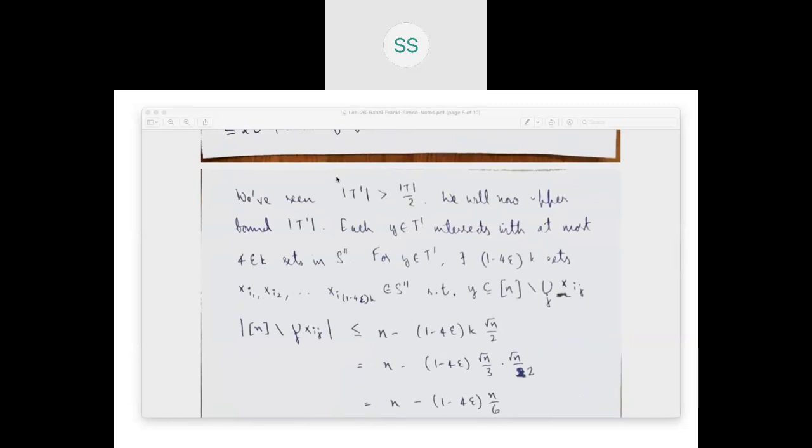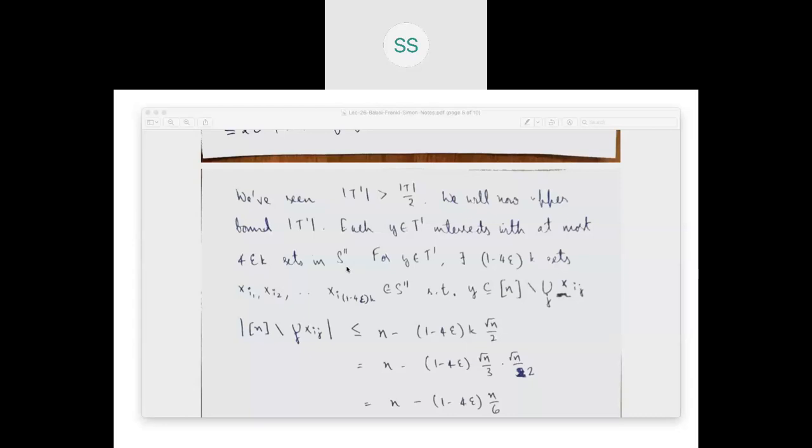So instead of upper bounding T, we will upper bound T prime, and that will imply an upper bound on T, because T prime is at least half the size of T. So any upper bound for T prime, you multiply by 2, you get an upper bound for T. So each y in T prime intersects with at most 4 epsilon fraction of sets in S double prime, or 4 epsilon k sets in S double prime.